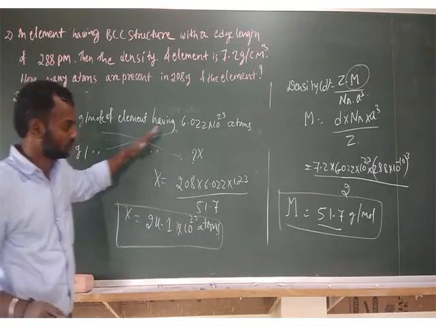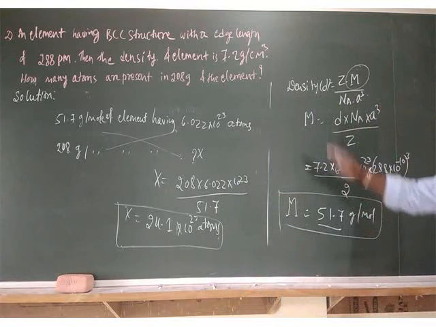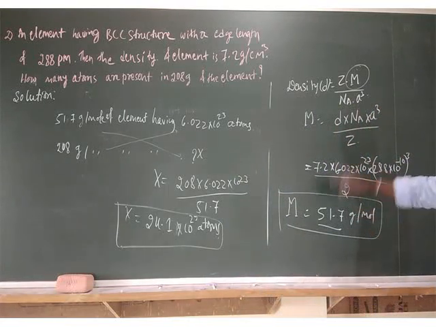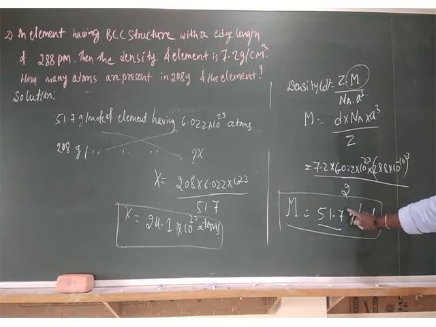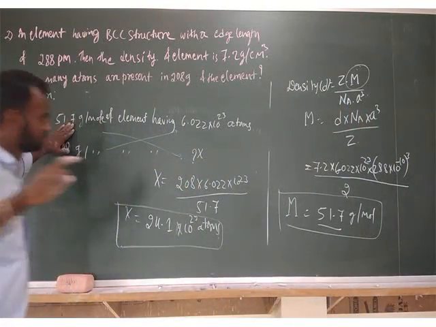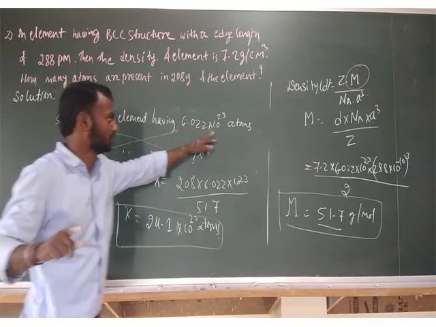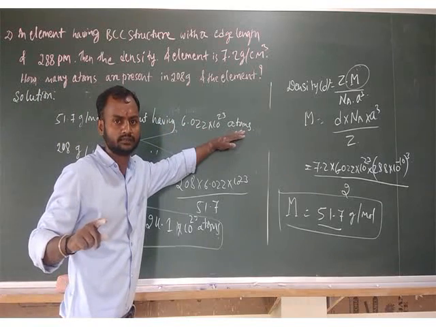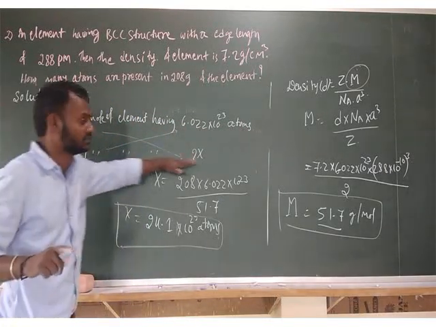Clear? Now, this calculation tells how much element is present, but in this much element how many atoms are there? Using 51.7 gram of element having 6.022 into 10 raised to 23 atoms, and for 208 gram how many atoms are present?